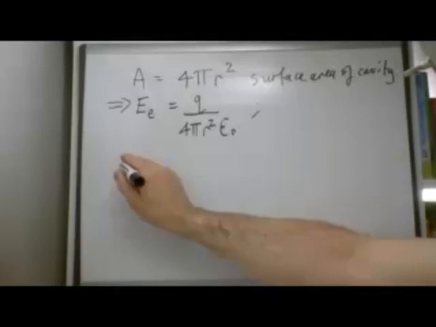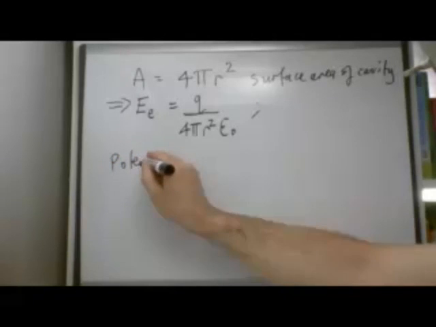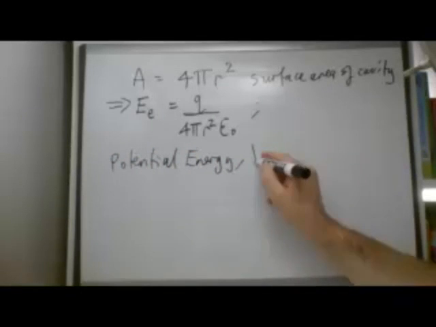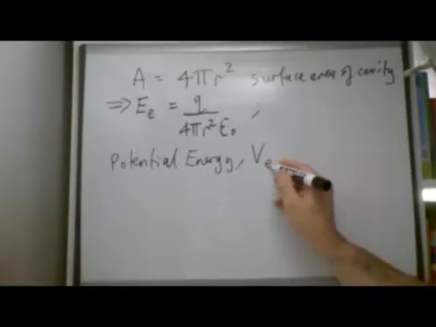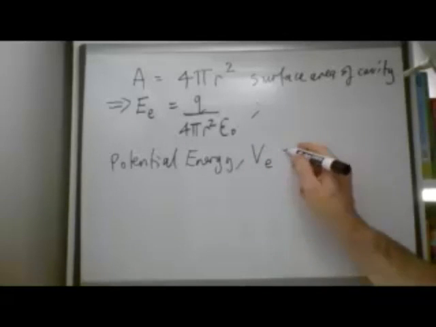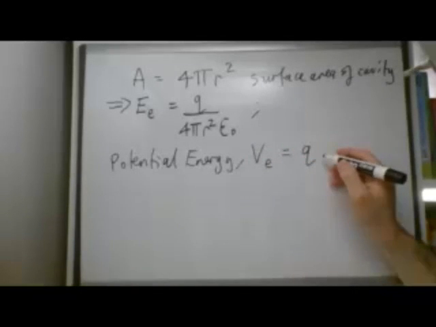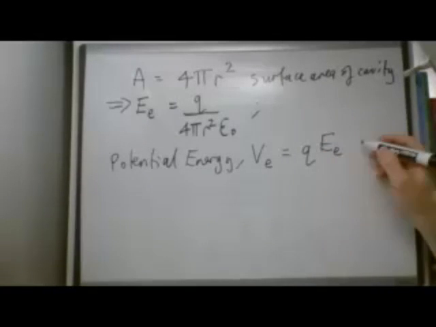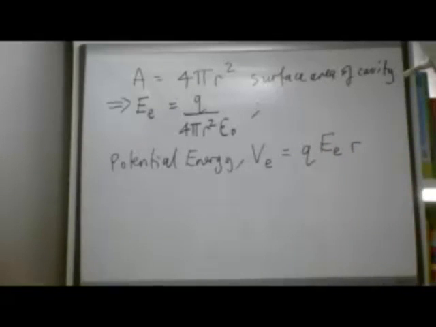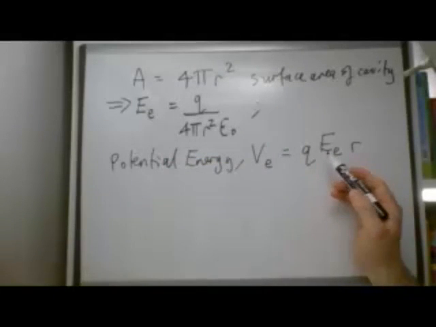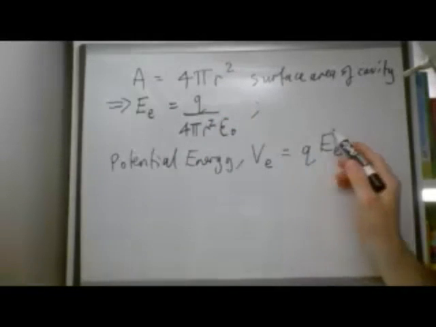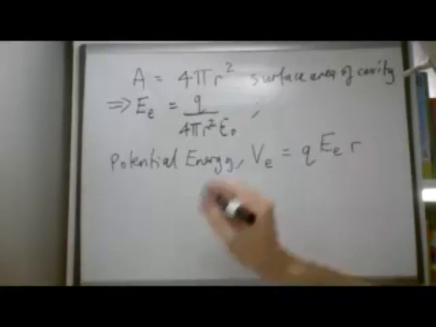The side equation, we know that the potential energy, I'll call it V. So the potential energy because of the electron, well, we know that that is the charge of the electron multiplied by the electric field caused by the electron multiplied by the location of the electron. We'll call that R. If we now combine this equation into this equation, so in short, we're going to sub in for this value this whole equation here.